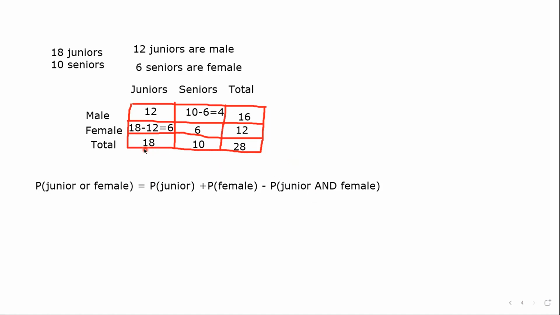So this is 18 plus, how many total females do we have? The total number of females is 12. And then the 6 that are both is my overlapping one, and it will be out of 28.